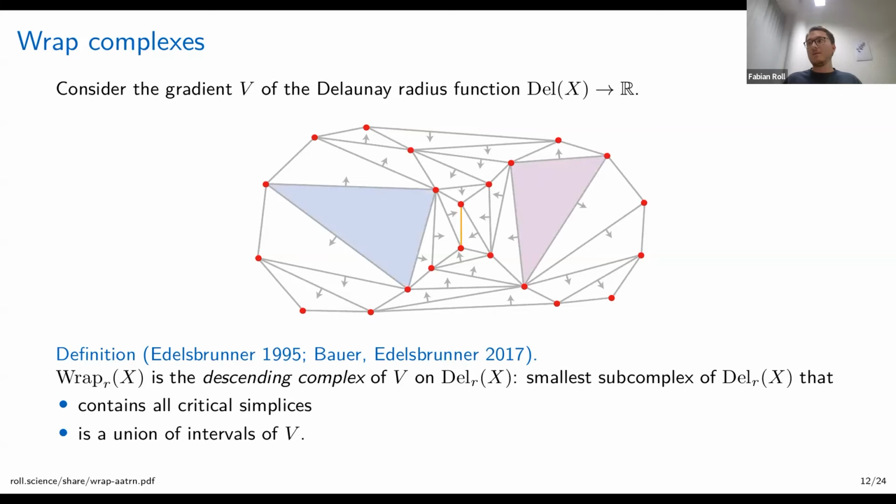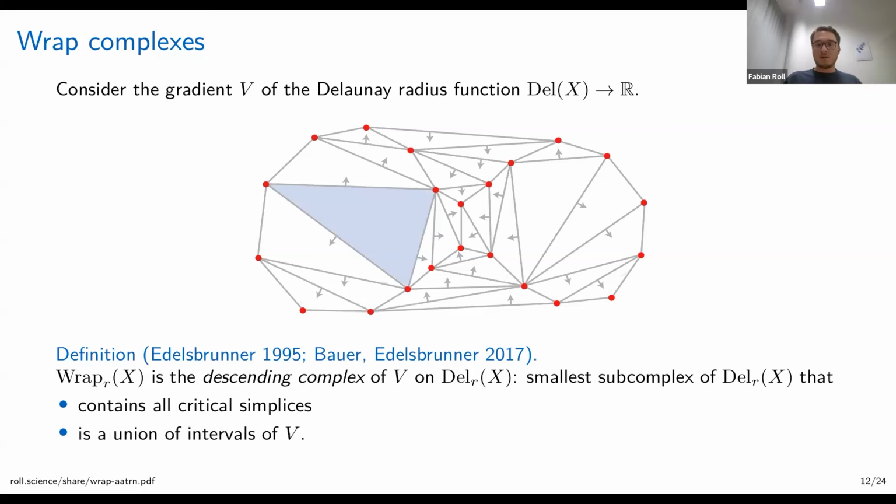This example has three critical simplices that are now marked in color, and let's first consider this blue critical simplex. Because we want the RAP complex to be a subcomplex of the Delaunay complex, we also know that we have to add its faces, right? That's just how subcomplexes work.